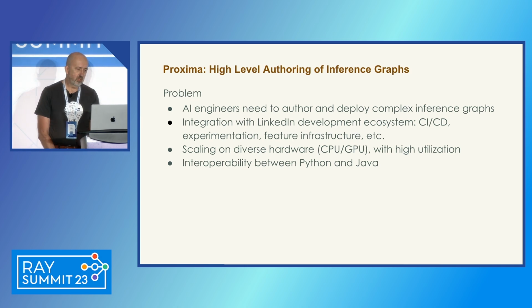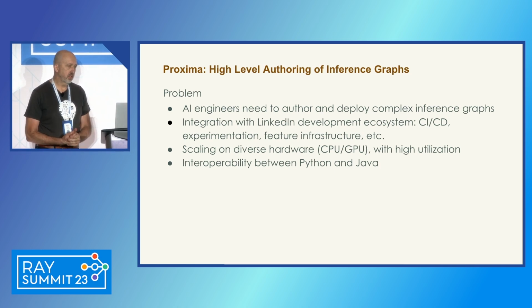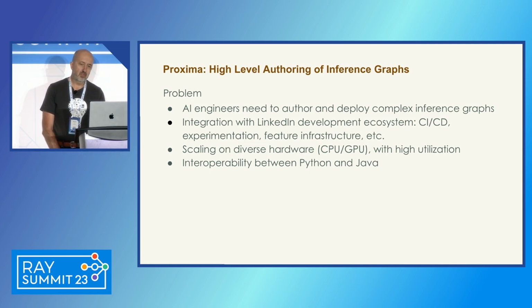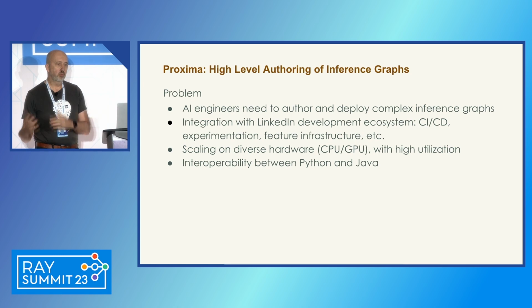So basically, it allows them to independently author, deploy, and run the whole process, and monitor everything of these inference graphs. The graphs I showed you are still simple; in real-world examples, they will be much more complicated than that.